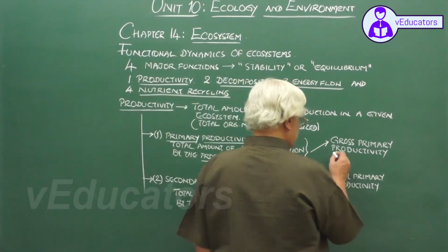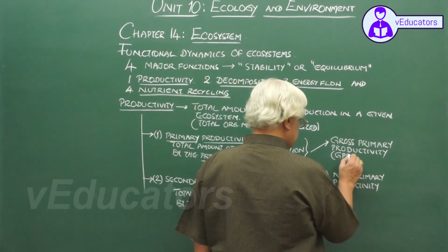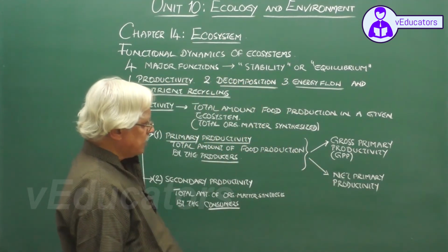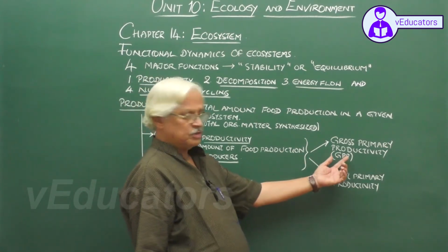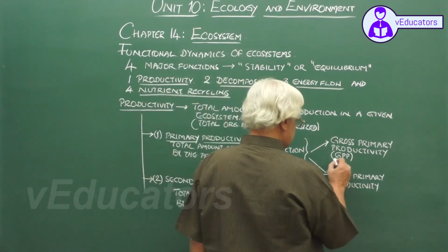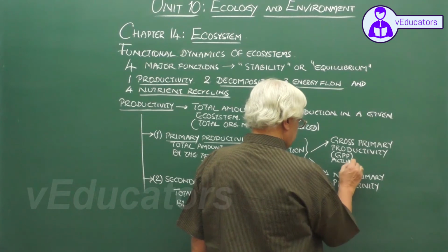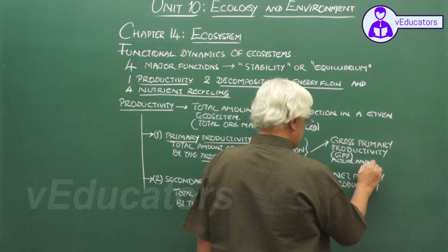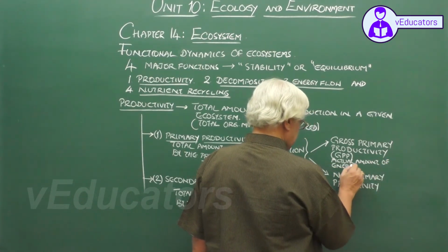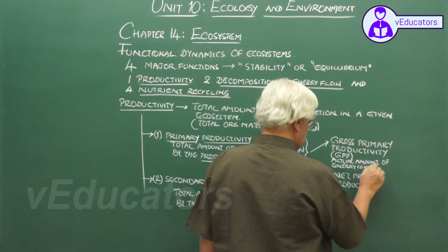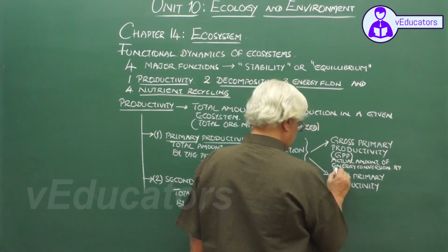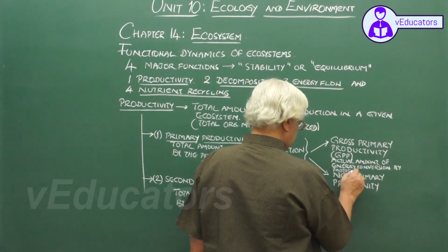Gross primary productivity, abbreviated as GPP, is the actual amount of energy conversion at the level of producers by photosynthesis. Actual amount of energy conversion by photosynthesis.